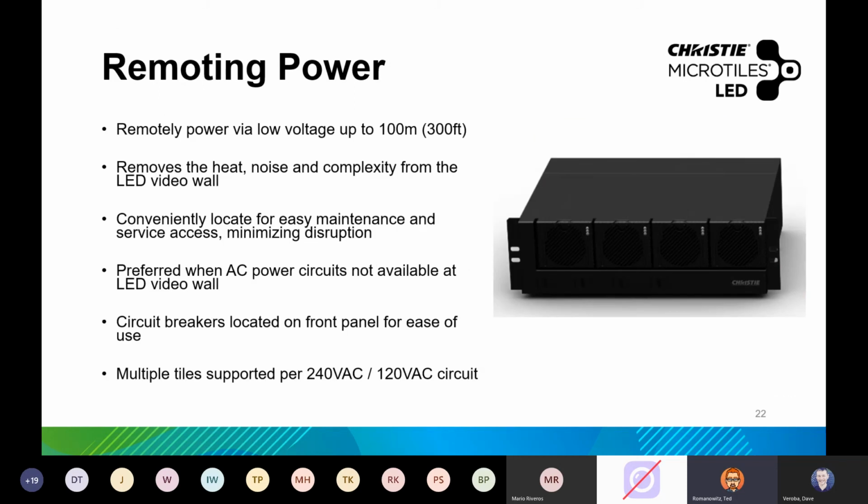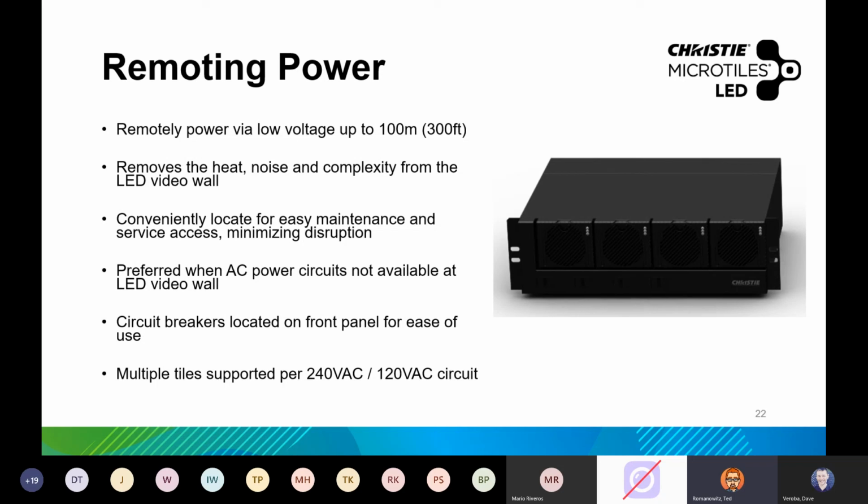I think we'll keep talking about more of the architecture, because not only is it easy to install, but we've done a lot of work to look at the architectural challenges that are involved in a system design. So one of the key things is we wanted to remove a lot of the complexity, as well as the heat and the noise, from the wall itself and move those to an easy to service, accessible location.